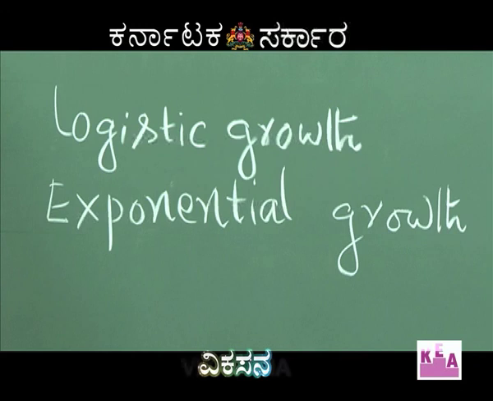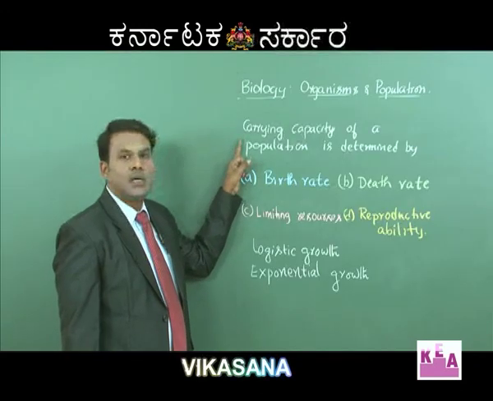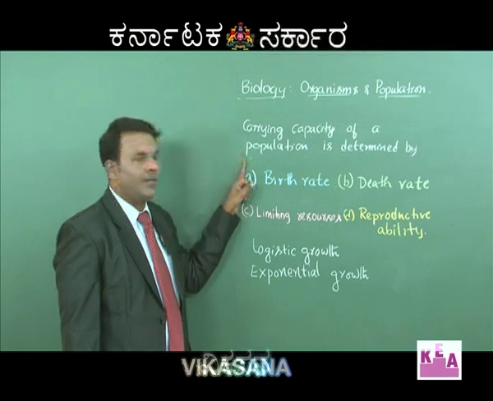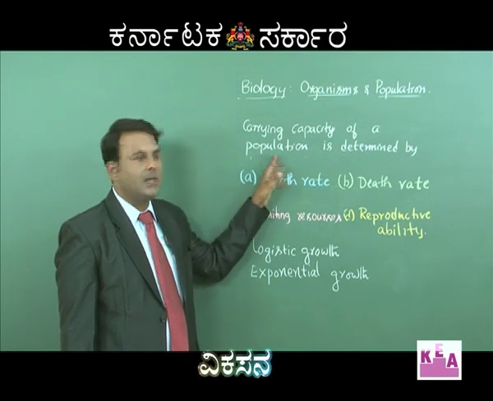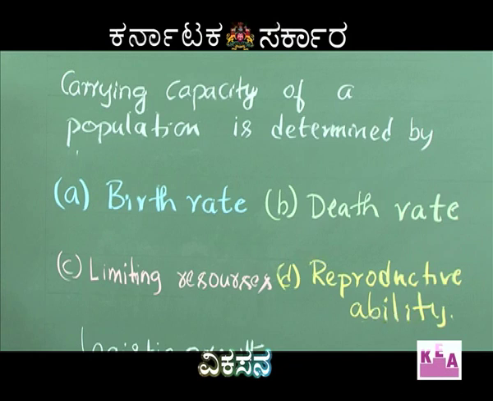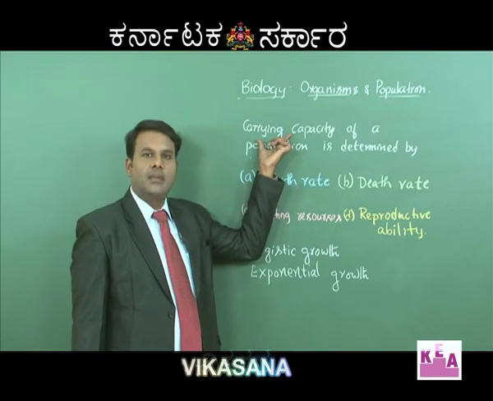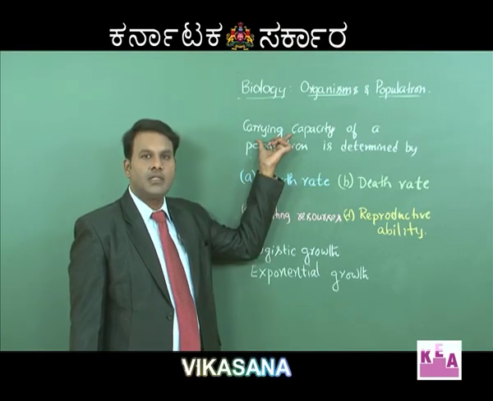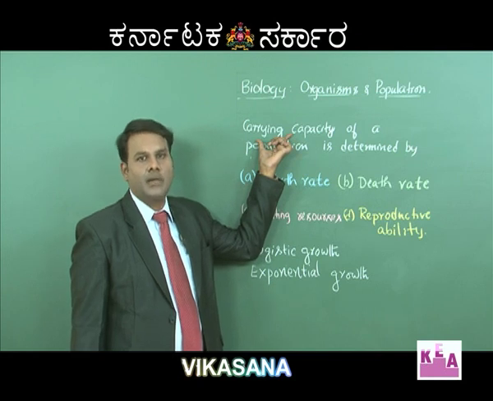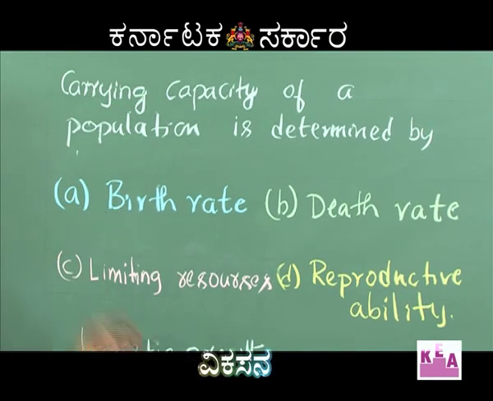Based on these two, let us take up one question, that is, the carrying capacity of a population is determined by. The carrying capacity means the maximum number of species the habitat can accommodate, beyond which the growth is not possible.